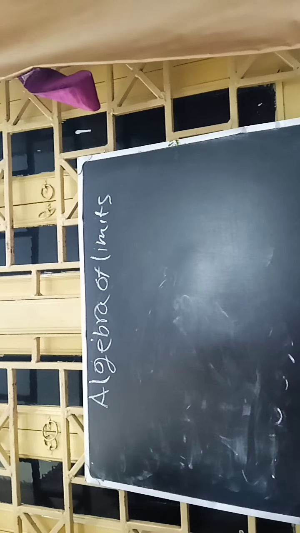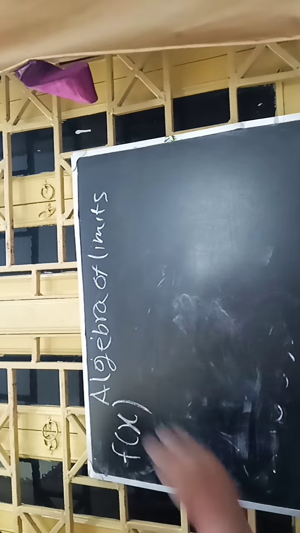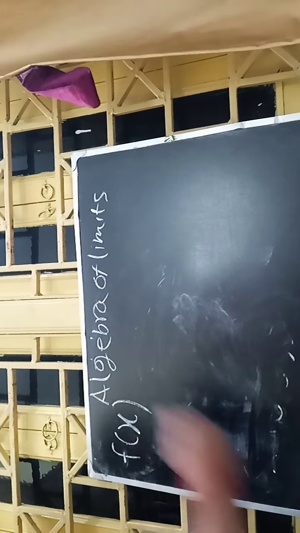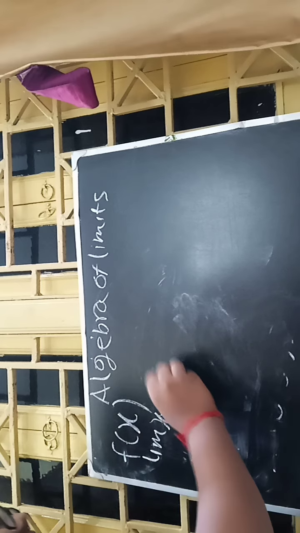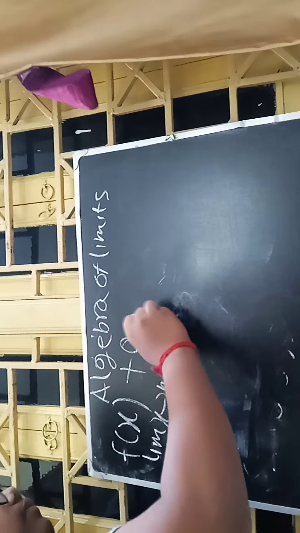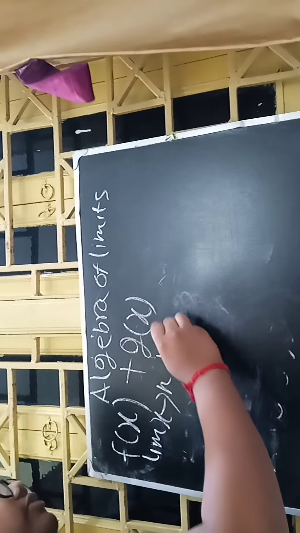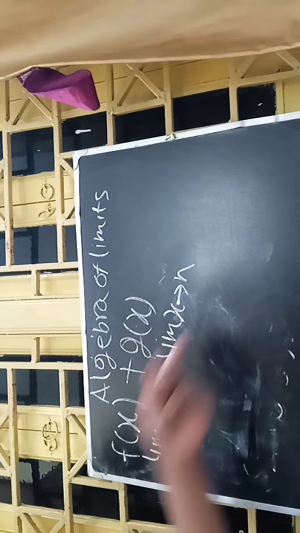According to algebra of limits, it states, for example, limits exist for f(x), a function, and g(x), where limit of f(x) as x tends to some number n, plus limit of g(x) as x tends to the same number n. Both of them should have the same limit.